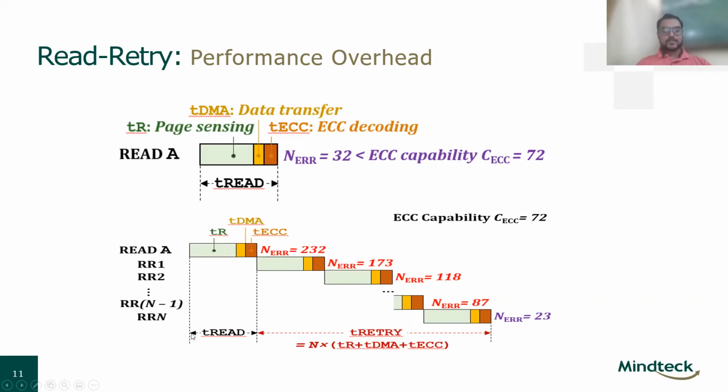This was the original time required to read a single page if there is no error or the error is less than the ECC capability. But as we keep retrying, the latency is a linear multiplication of all three, TR, TDM, and TECC.